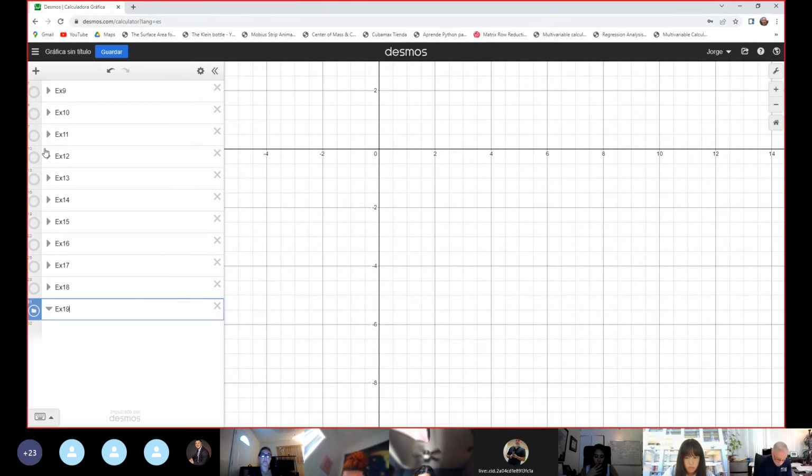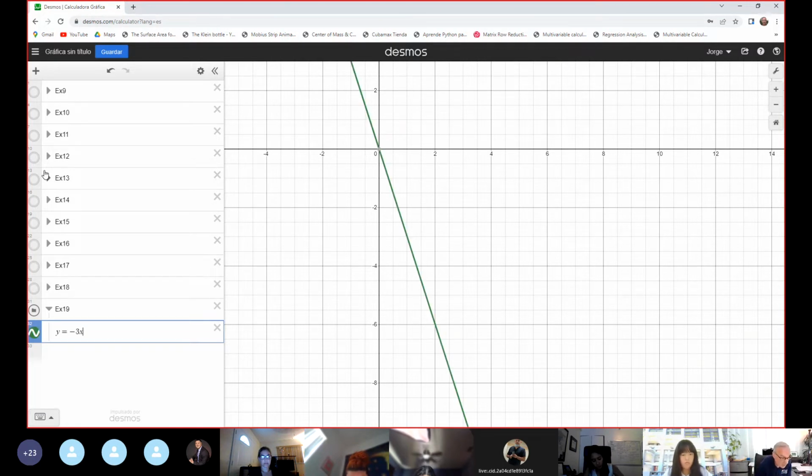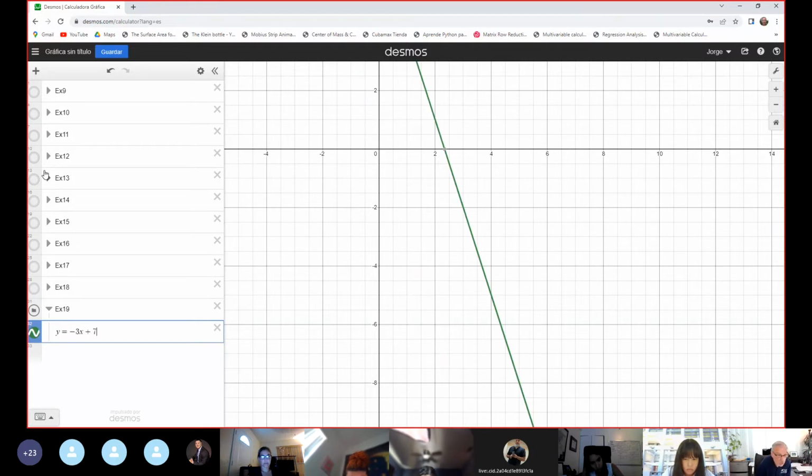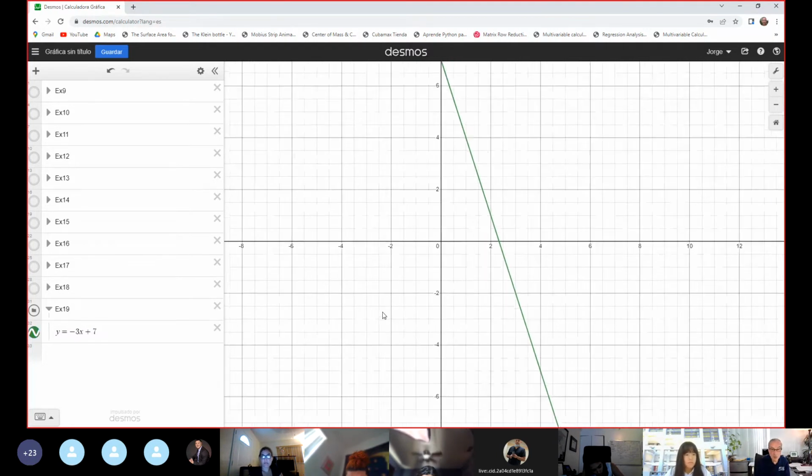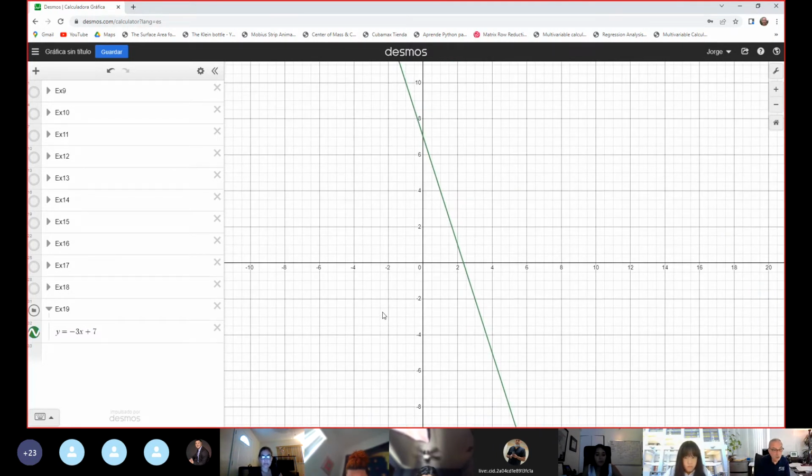Okay. Now, example 19. Example 19 says y equal negative 3x plus 7. It's obvious. Look in the equation, the slope is negative 3.